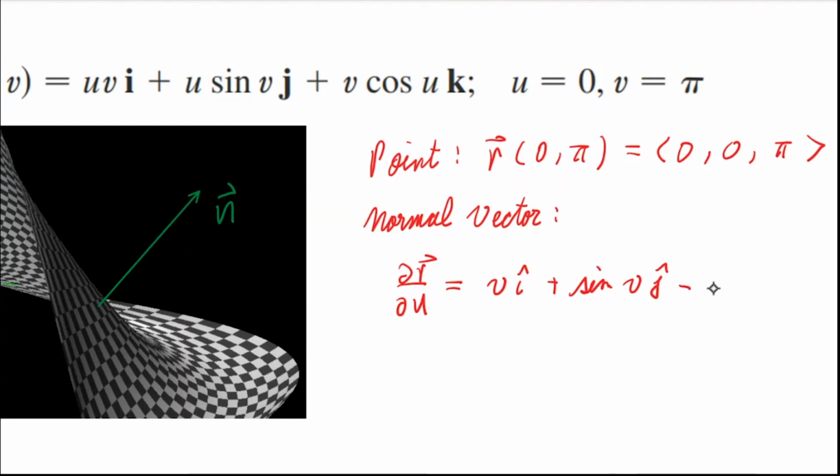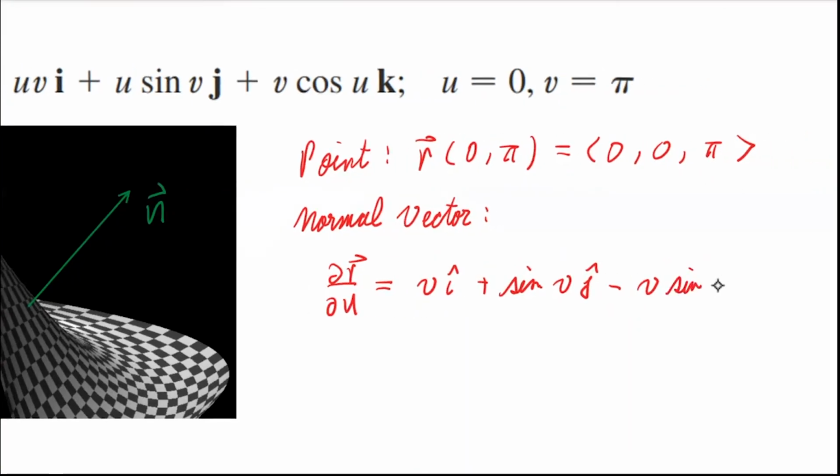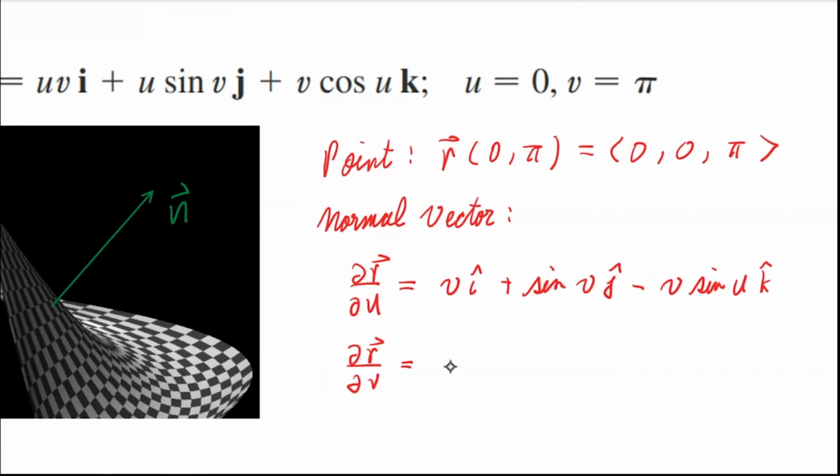So we have negative v sine u k vector. Good. Say yes. Okay. Now we're going to take the partial derivative with respect to v. So v will have u i vector plus, and then with respect to v, we're going to have plus cosine u. I think I screwed this up.